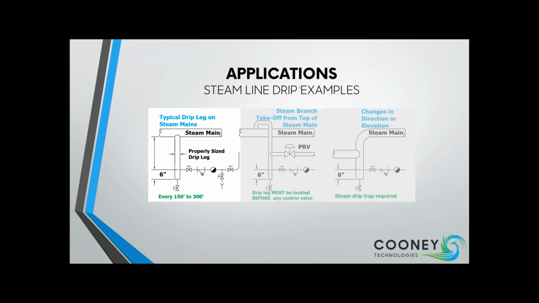Listen carefully because the next rule is very important. Here's how you properly size the diameter of a drip leg. I've seen a lot of wrong size drip legs, and they can cause some real problems with water hammer and real serious problems in steam systems. For steam mains up to 4 inches in diameter, your dirt leg diameter should be the same size as your steam main.